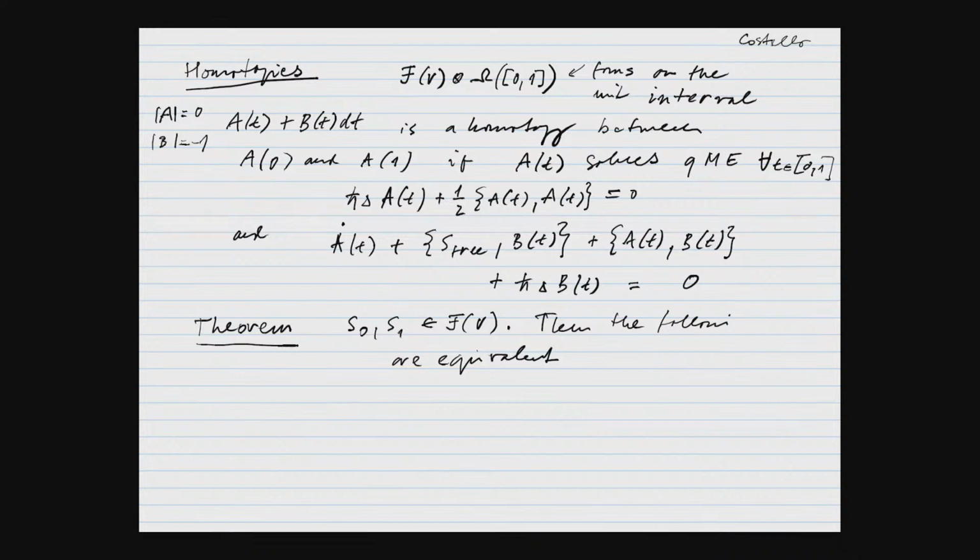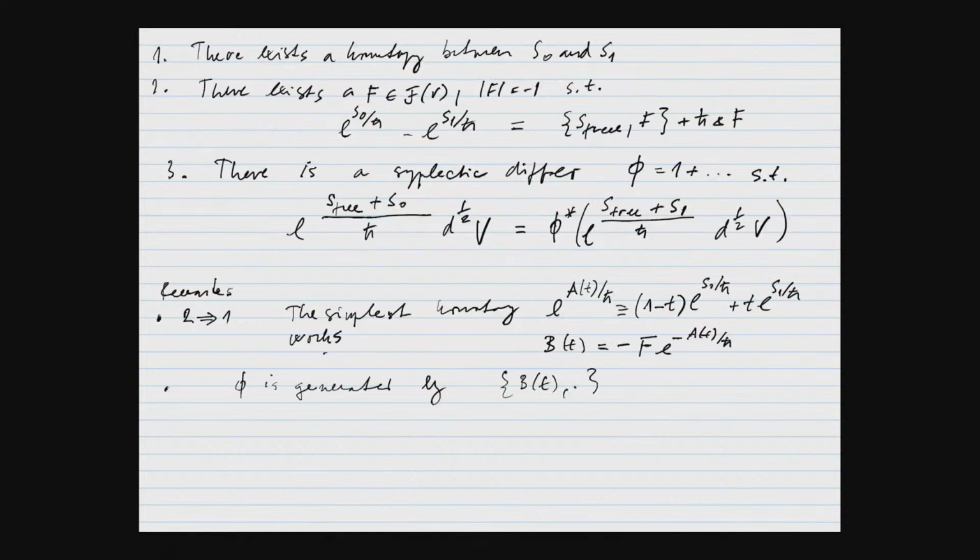And what you can prove then is that there are three statements concerning homotopies. If you have two functions, like S0 and S1, then the first statement is that there exists a homotopy between them.